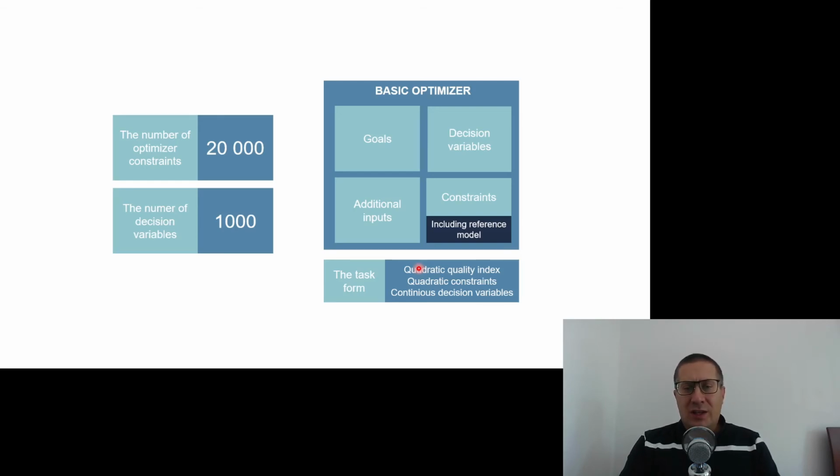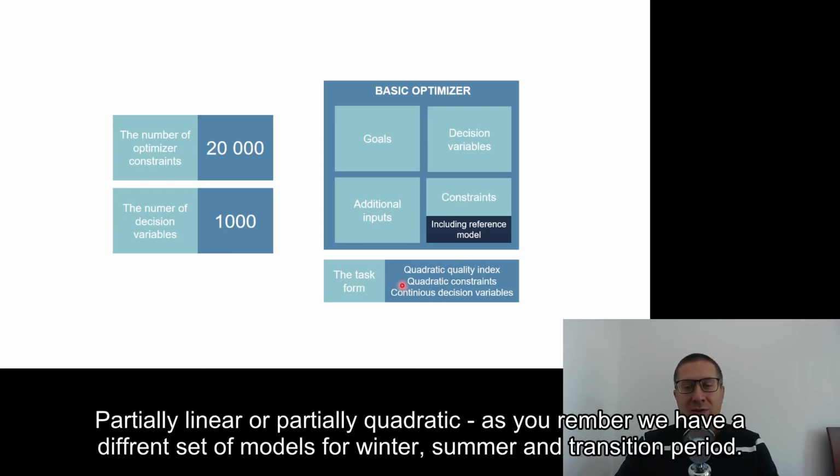At the end of the day, we have such a task. The quality indicator, so the mathematical formulation of our goals, is a quadratic function. The set of constraints is a set of equations and inequalities, but all of them are linear or quadratic. That is why we say that we have quadratic constraints, and all the decision variables are continuous.